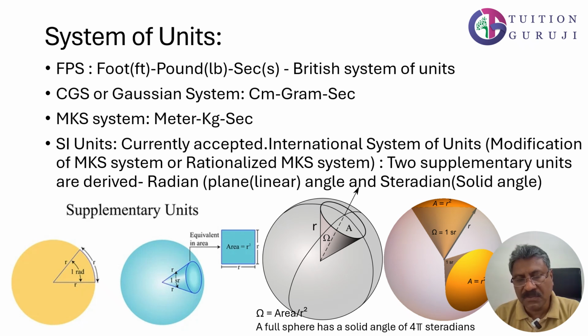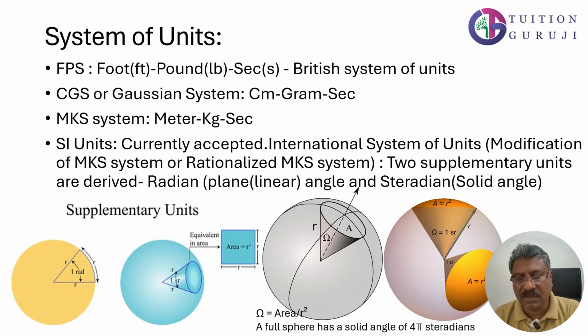Now the maximum angle that can be formed is 4 pi. 4 pi is the maximum angle that can be made at the center of the sphere. You know that the formula for steradian is area by r square. So a full sphere has a solid angle of 4 pi steradians.